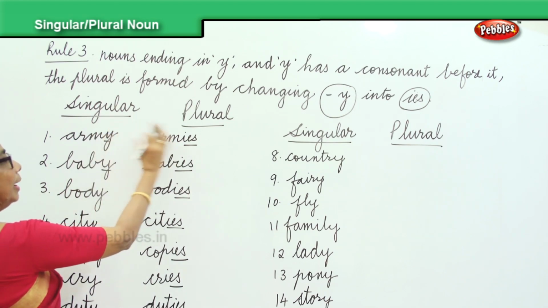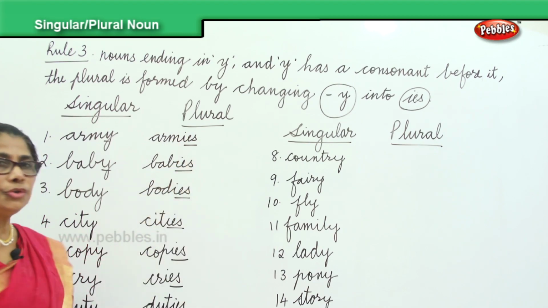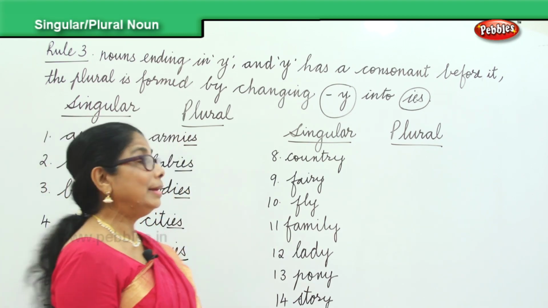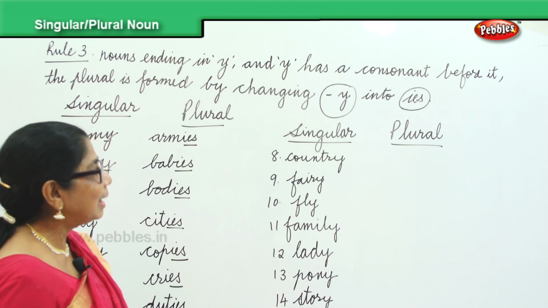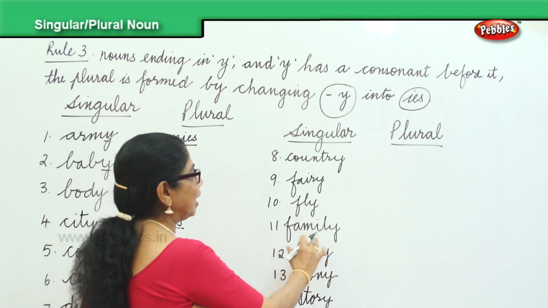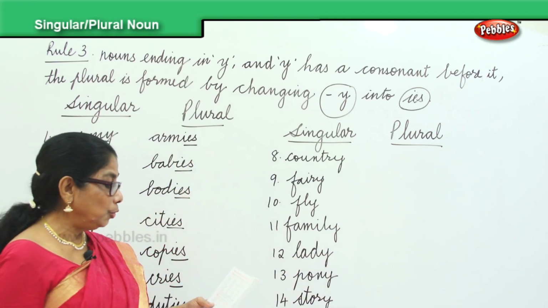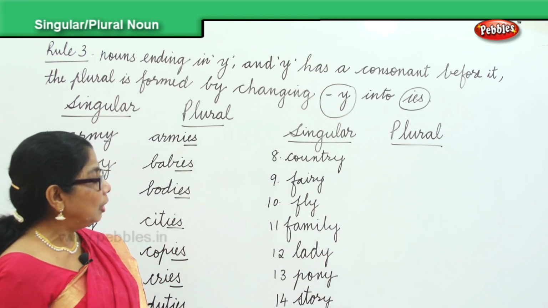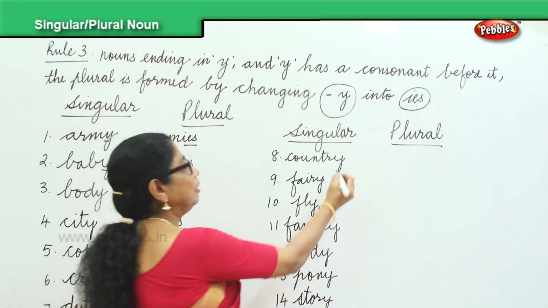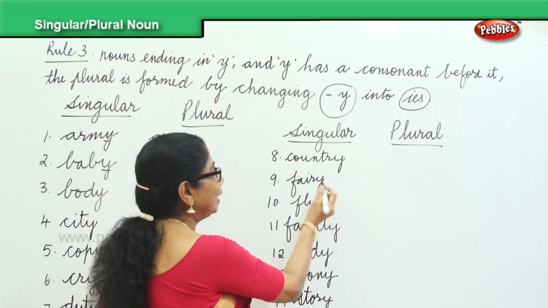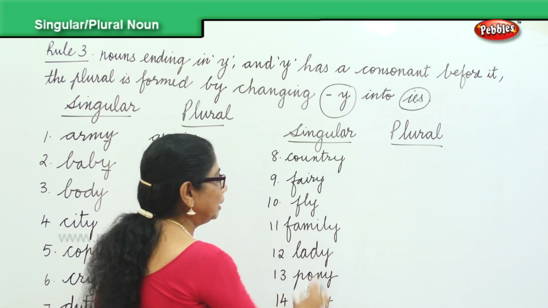Instead of Y, you put IES to form the plural noun. Now here, let's look at it. Country, fairy, fly, family, lady, pony, story. Then you have library, lily. Lots of words are there. Now, again for all this, there is Y and there is a consonant before it.